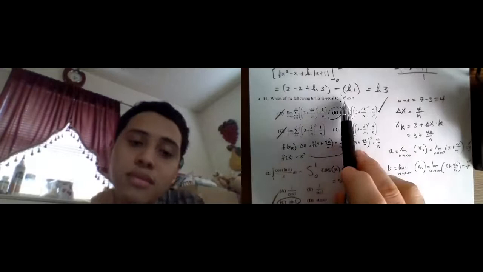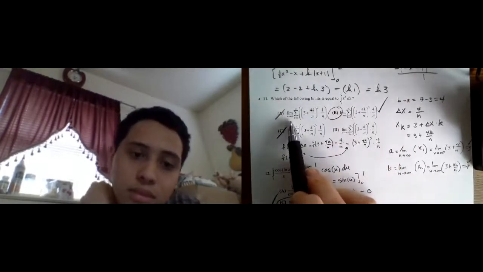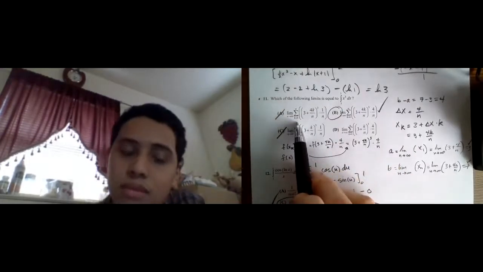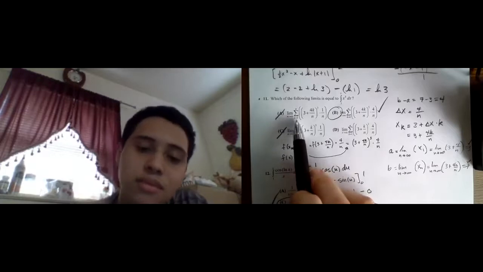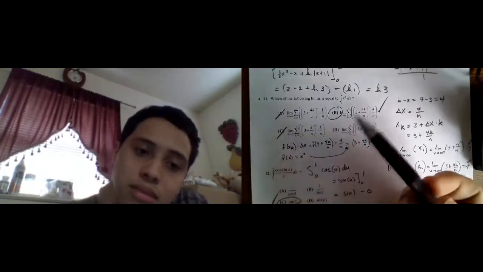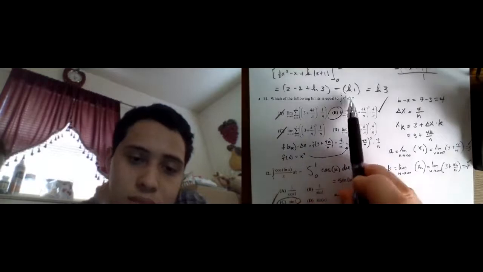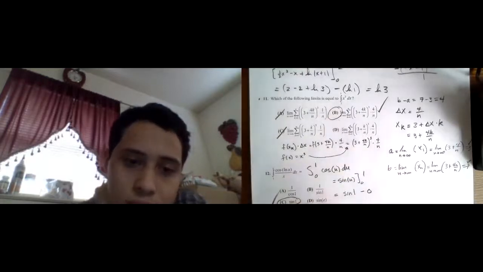When we see a question like this, where they either give us a definite integral and then the answers are in terms of limits as n goes to infinity of a sum, or vice versa, they give us something like this and the multiple choices are integrals, we know this is a question about the definition of that definite integral.